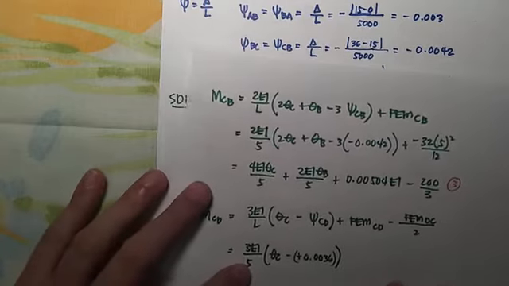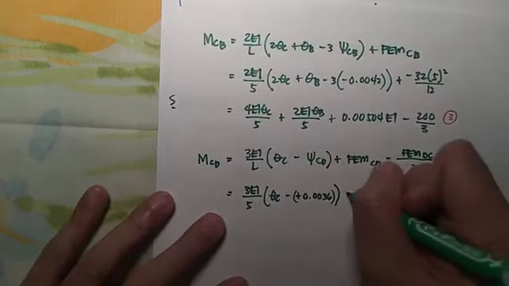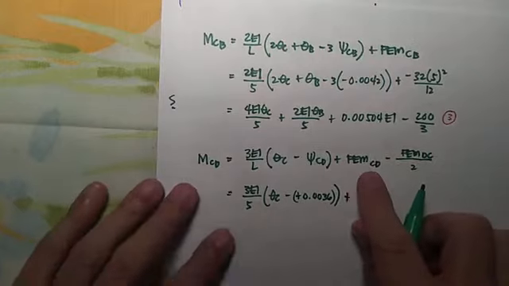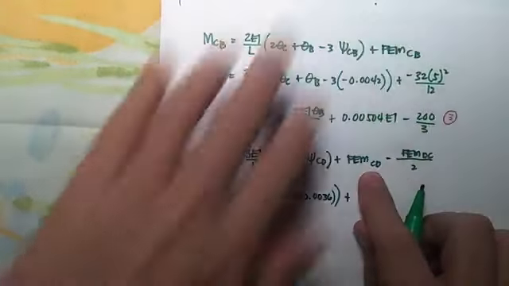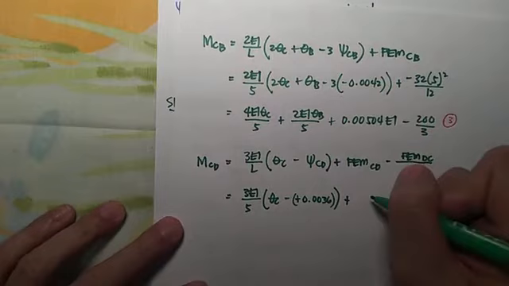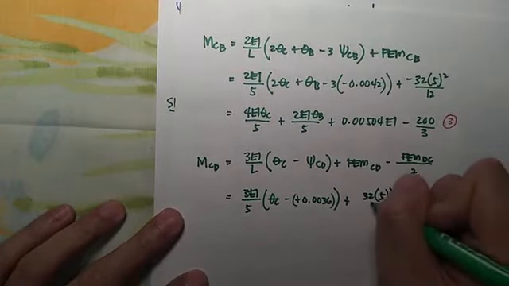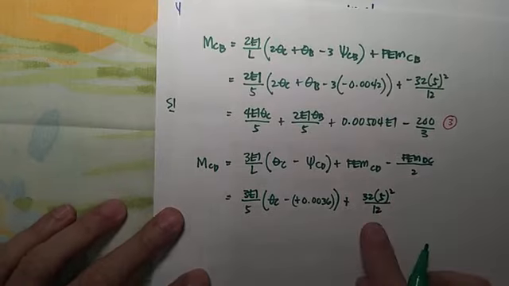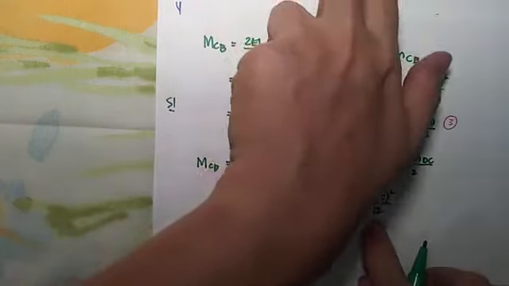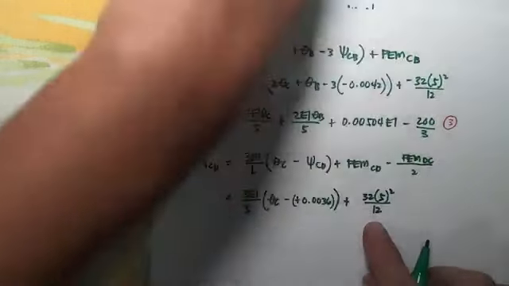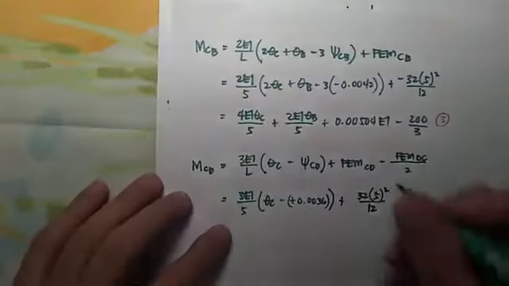Then plus, what is the fixed end moment for CD? CD, uniform load uli. WL square over 12, diba? W is 32, L is 5 square over 12. CD is nasa kaliwa. Kaliwa is counterclockwise yung fixed end moment. So, that is positive.